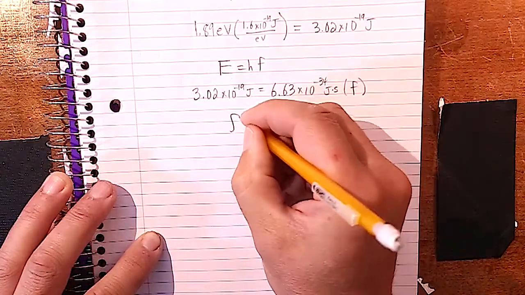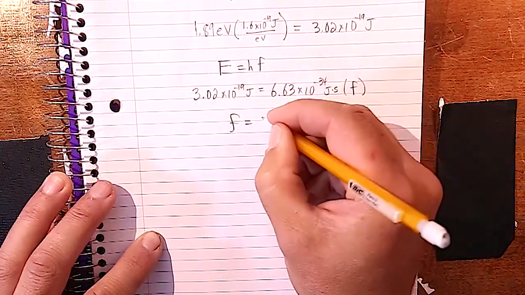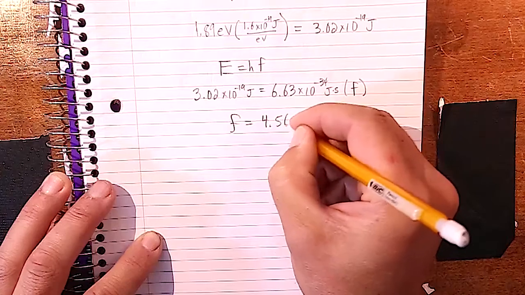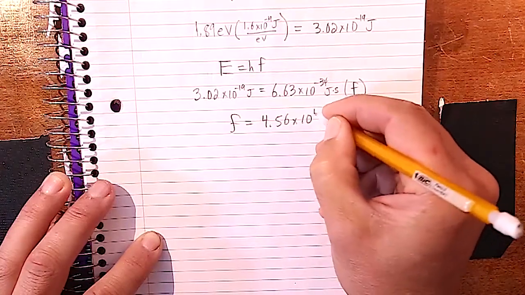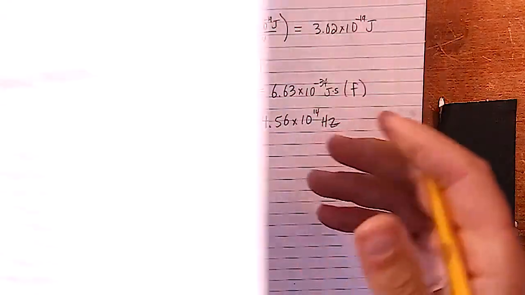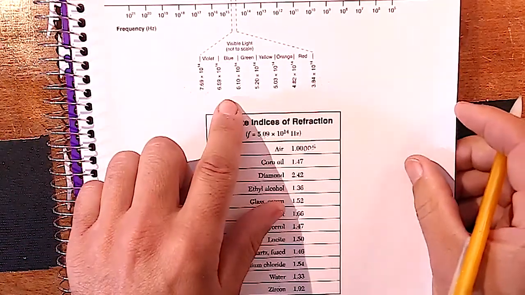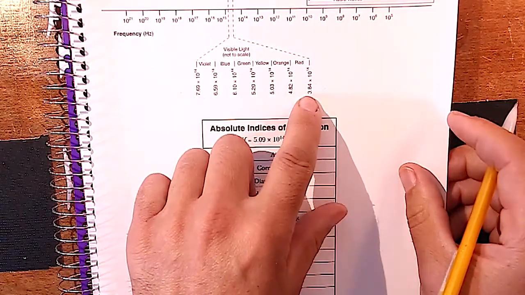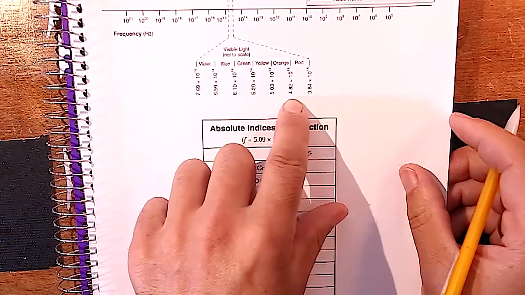And when you multiply through, or actually divide through, you get 4.56 times 10 to the 14th hertz. So what is that? Well, if we look at our chart here, 4.56 is right in between this range, so that's red.